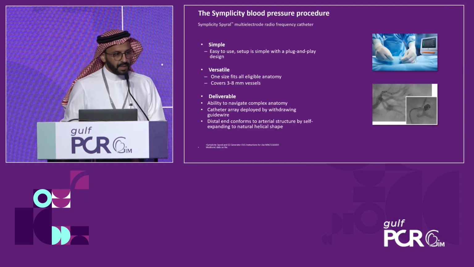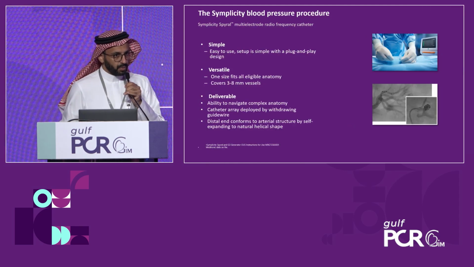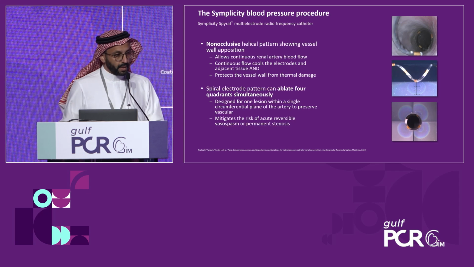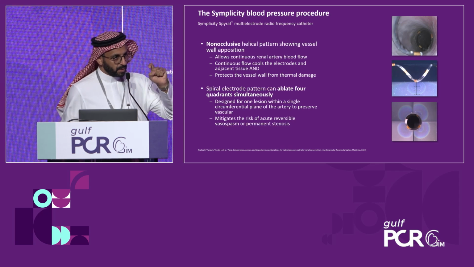It is very safe, and it has safety points because, again, you're here to treat the patient. You don't want to cause a problem. You don't want to create another problem like dissection or any damage to the renal artery, and then go back to square one and maybe even worse. The system is very effective in turning off by itself if it reaches a certain point of impedance and a certain point of heat.